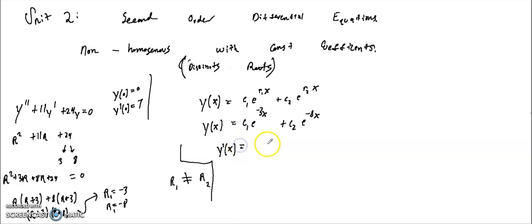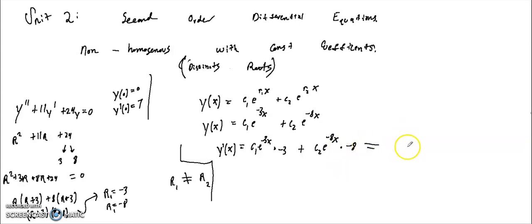And this is just some basic derivative rules. E to the something is just itself, so c1 e to the something times the derivative of that something. So we got a little bit of chain rule right there. And then c2 e to the something equals that e to the something times the derivative of that something.